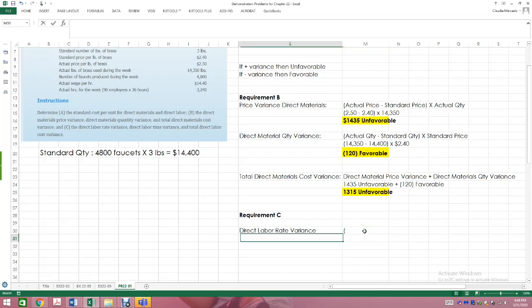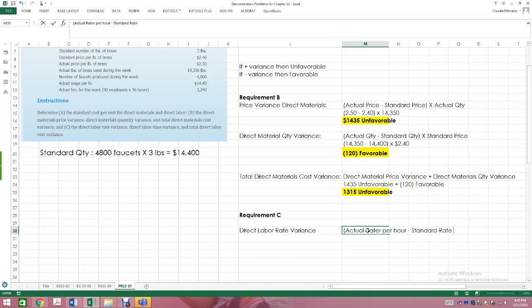Okay, this is going to be my actual rate per hour minus my standard rate per hour, okay, times my actual hours. So we're just going to go ahead and bring in those numbers.